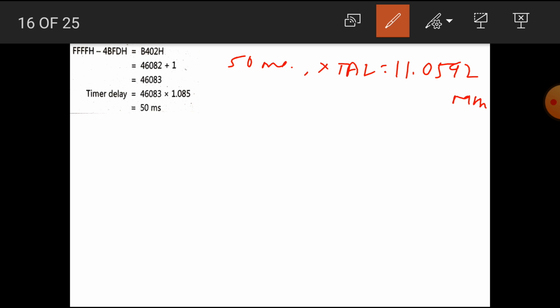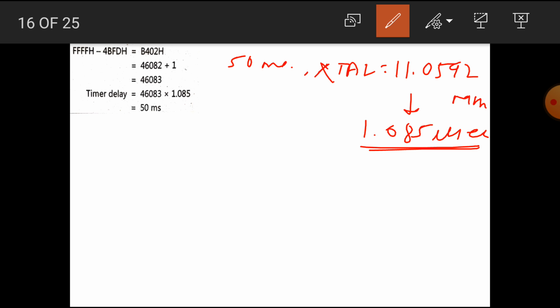We know that the clock period for the frequency 11.0592 is 1.085 microsecond. We have done this calculation already.